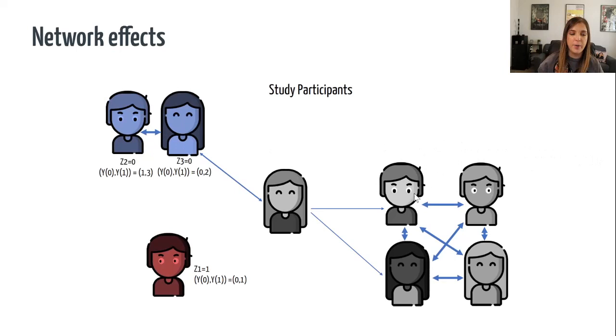If we look at their potential outcomes in this case, this person would have 0 if they did not receive the treatment and 1 if they received it, while this guy here would have 1 without treatment and 3 with treatment, and she would have 0 and 2 depending on whether she did not receive or received the treatment. These are the potential outcomes. Remember that under a treatment assignment, these potential outcomes should be fixed.